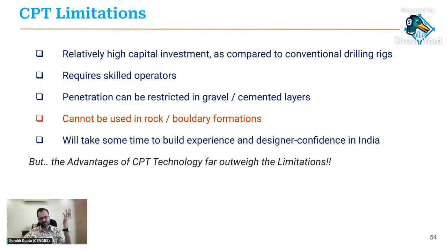A large reason for this is because the pushers and the cones and the equipment are not manufactured in India. So everything has to be imported from Europe and North America. You pay customs. So there is a fairly high capital investment. And I think this is something which has possibly discouraged the rise of in-situ testing in our country so far. But I think things are changing now.